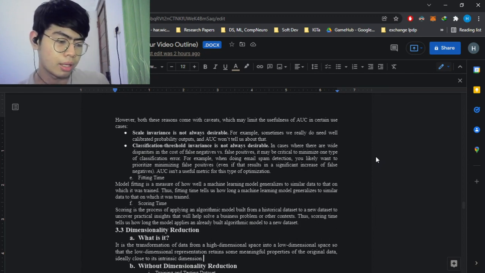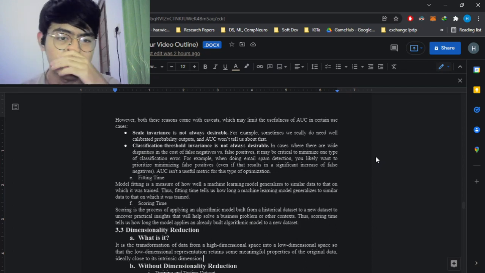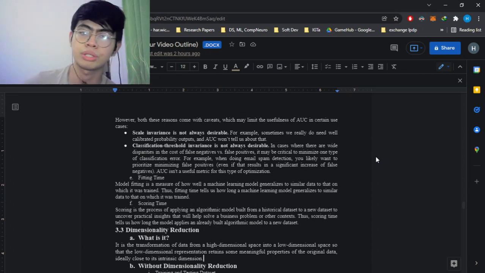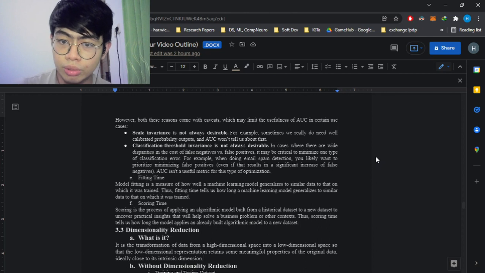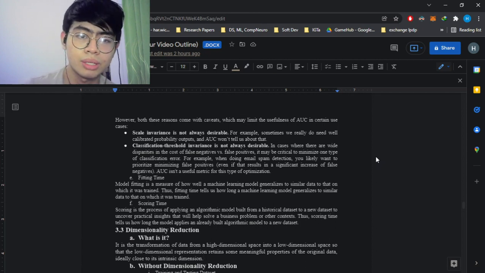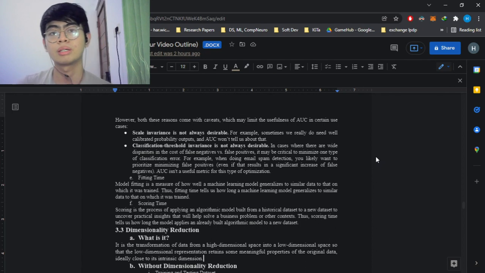But I decided to add fitting time as well as scoring time. Essentially, model fitting is a measure of how well a machine learning model generalizes to data similar to that on which it was trained, right? And model scoring is the process of applying an algorithmic model built from a historical data set to a new data set to uncover insights, right?